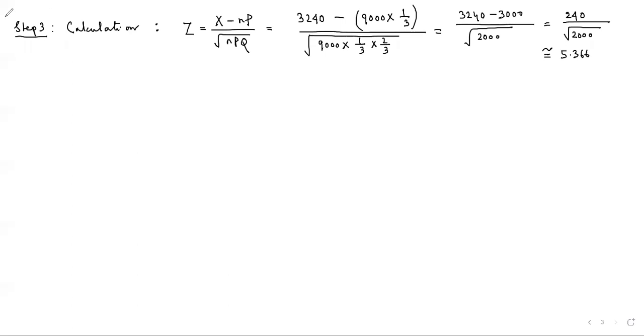The third part is complete. We have done the calculation. Step number 4 tells us how to write the conclusion. Quickly, because the time is running out. Drawing the conclusion has several subparts. Part 1 says that if the absolute value of z is greater than 3, you reject your null hypothesis.